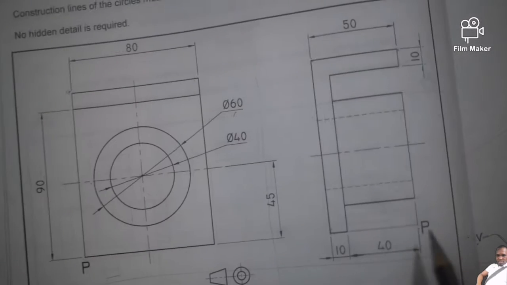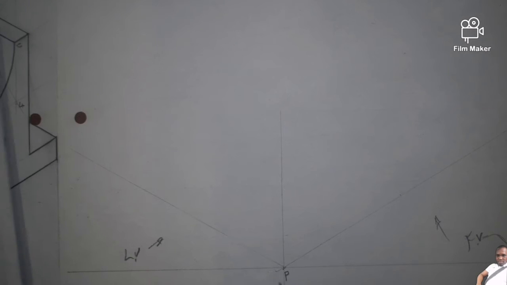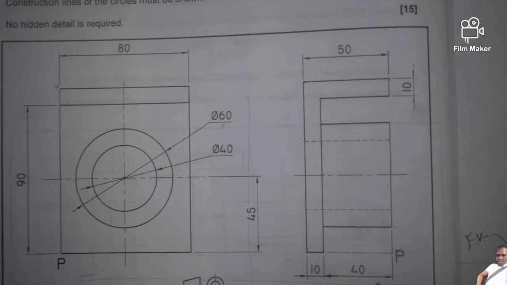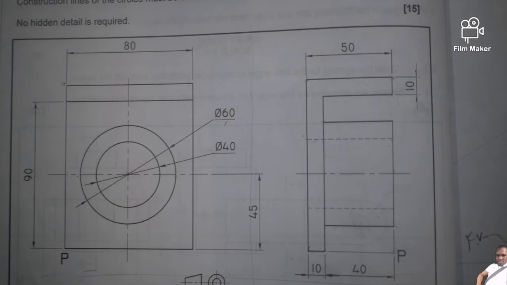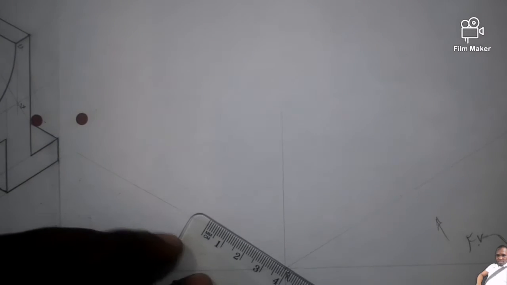So if I want to deal with this 40 from P coming this side, I must come to this side. Why? Because I'm reading that dimension from my left view. So let us do it. 40 millimeter.